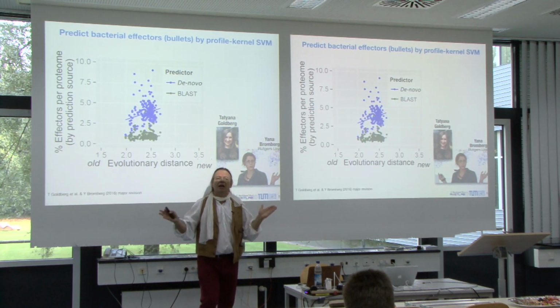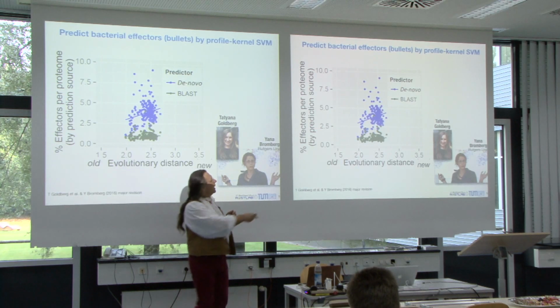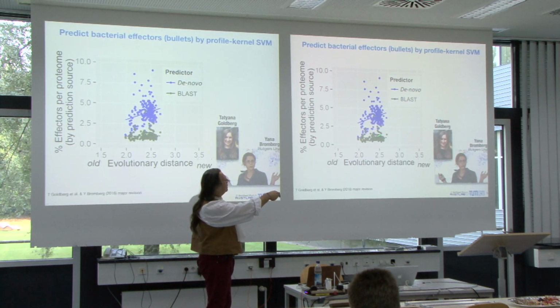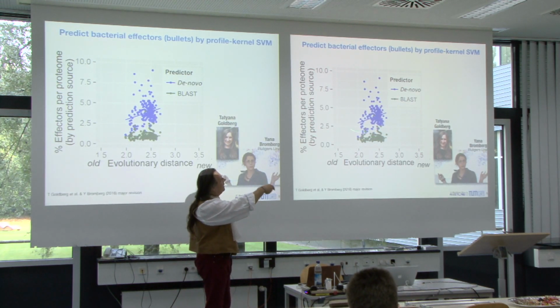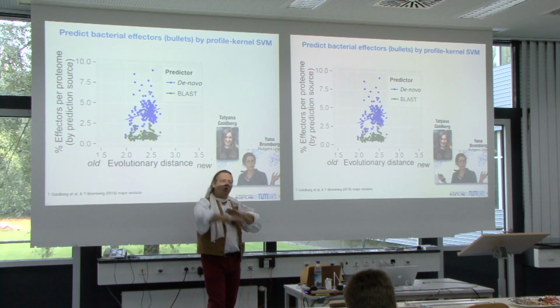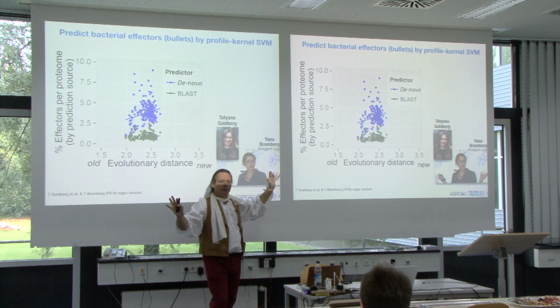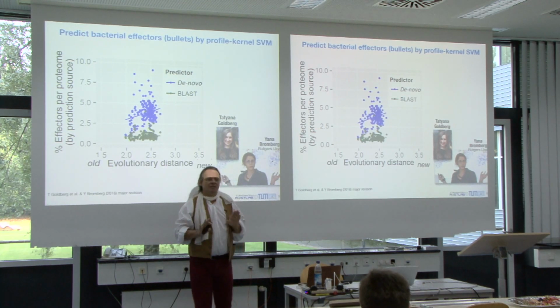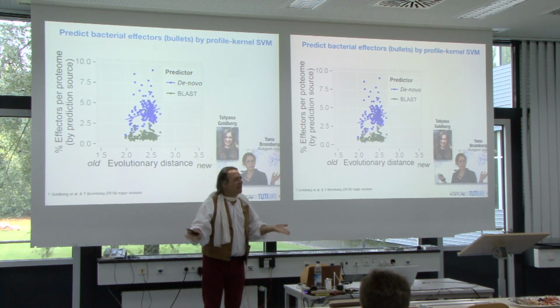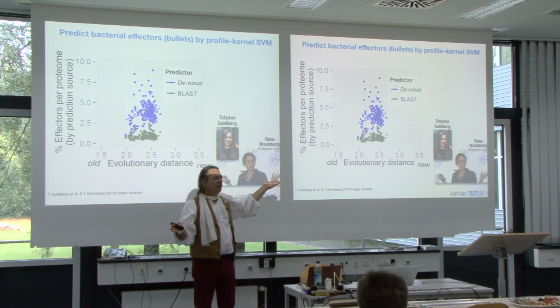So can we just rely on BLAST? And what briefly this says here is, if we are anywhere near right, or Tanya and Jana are anywhere near right, their predictions are blue here, then there's a whole universe out there that has never been seen before. So BLAST is absolutely not enough, and text mining in this particular case is absolutely not enough.